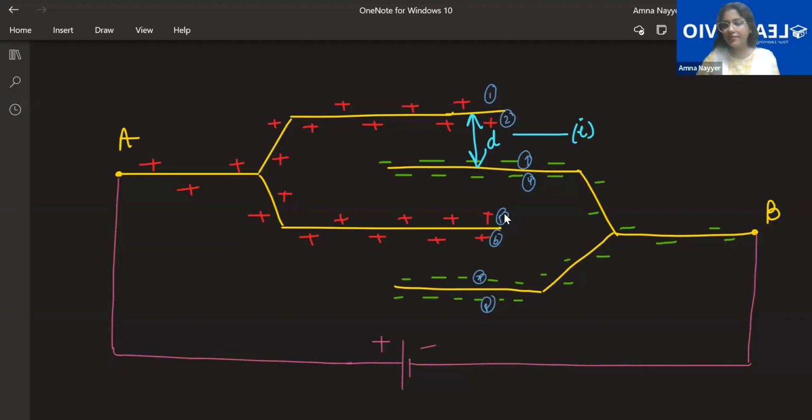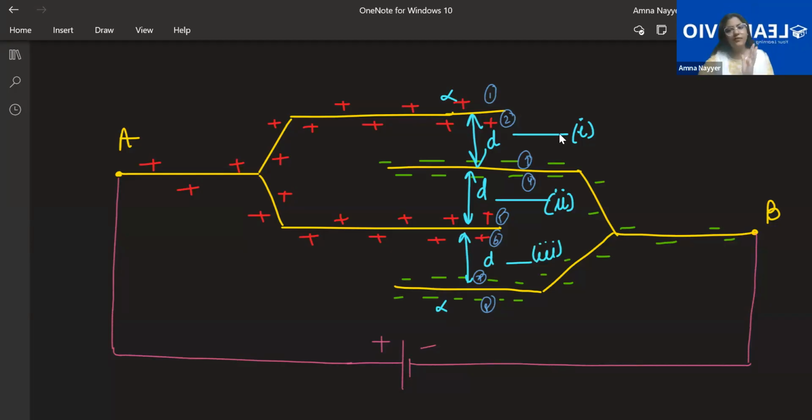Then the fourth one and fifth one, again, they are oppositely charged. Let's say they are separated by d. So this will form a second capacitor. The sixth one and seventh one will form one more capacitor. So three capacitors are there. This will also not form, this will also not form.